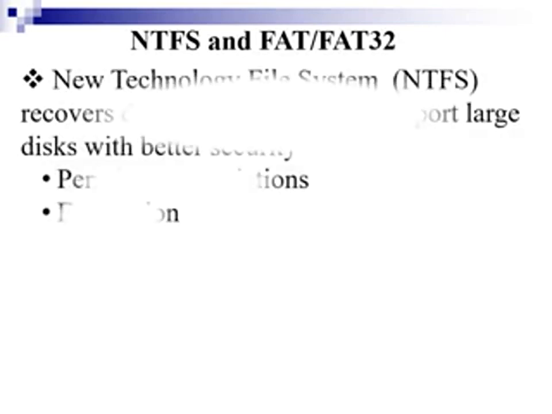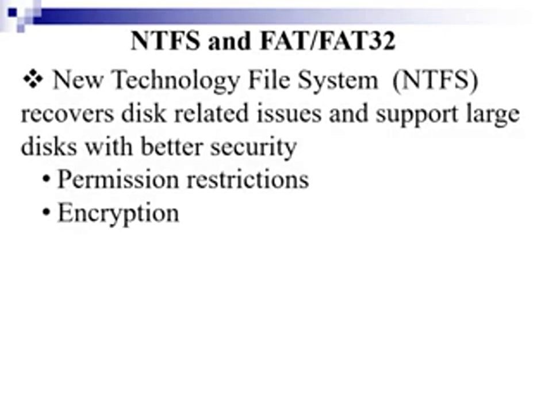The first one is NTFS, and the second ones are FAT and FAT32. That's New Technology File System versus File Allocation Table. New Technology File System, NTFS, is the latest and newest.